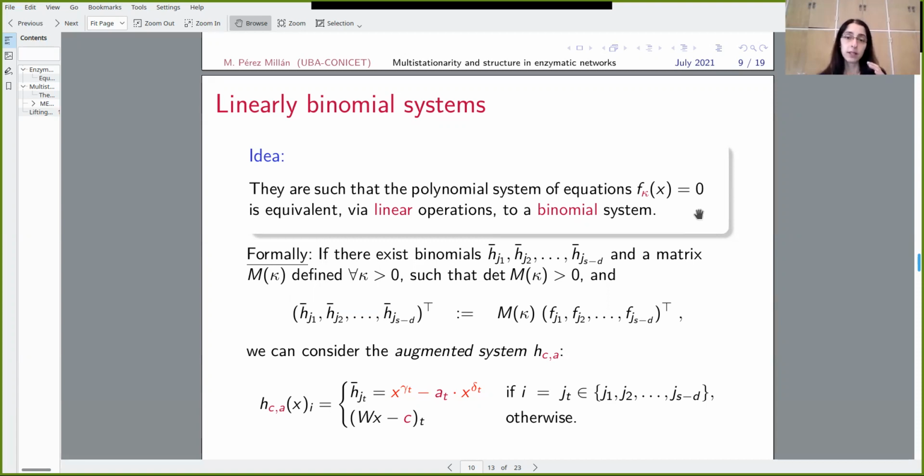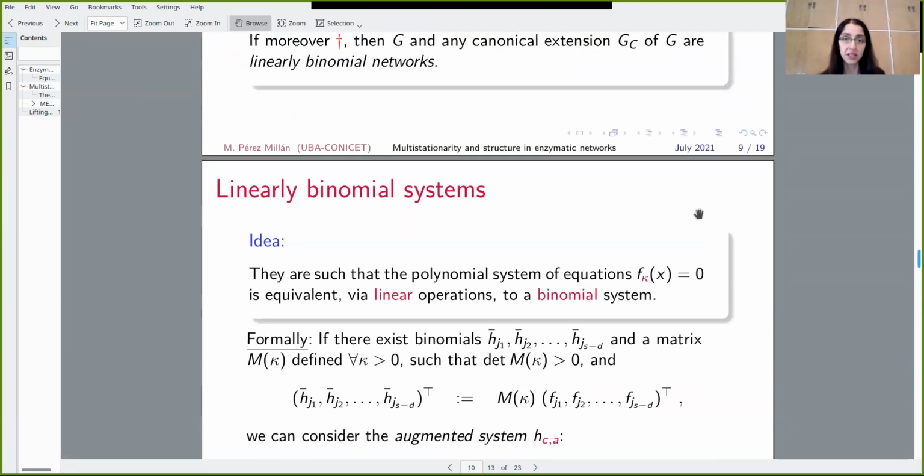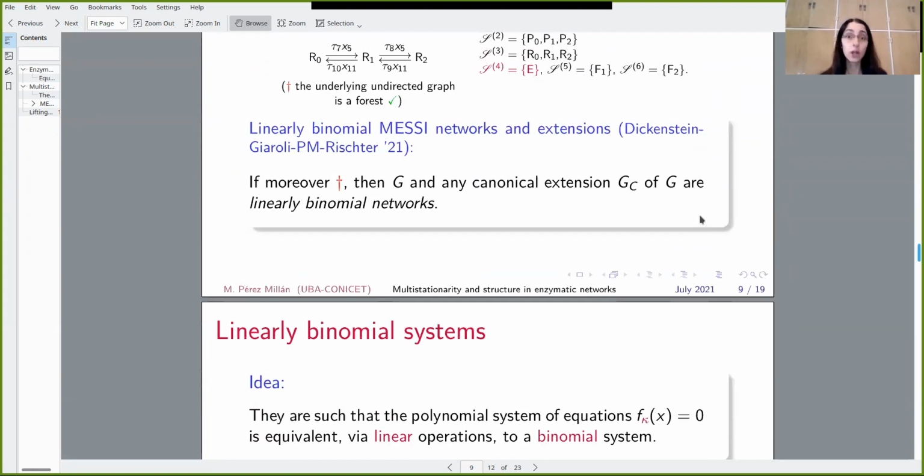If you have a system of binomial equations, then you have structure, and you can say many things about the system. If you happen to have at least one trinomial, then you have anything, so you cannot say anything. But in this case, if you can make it binomial, which is the case here, you have structure, and that is great.